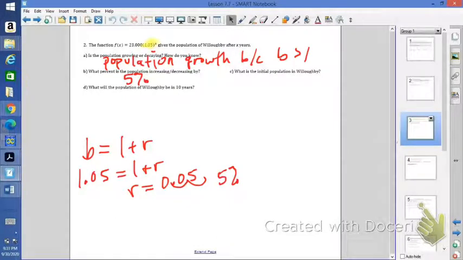The initial population in Willoughby is going to be our a there, so it's going to be 23,000. And then in d, what will the population of Willoughby be in 10 years? So we want to find f of 10.